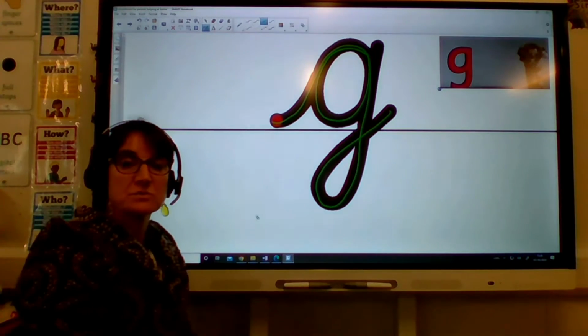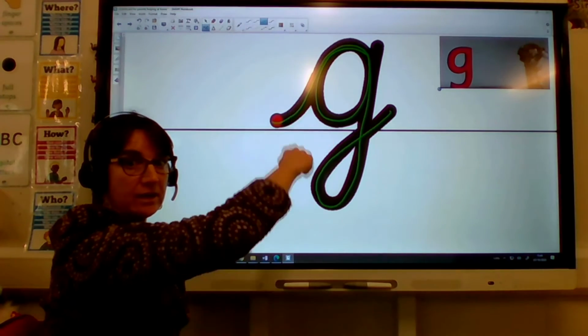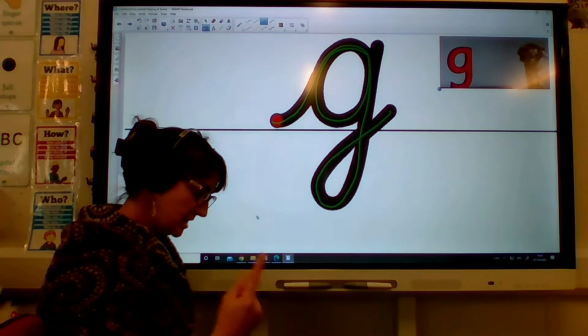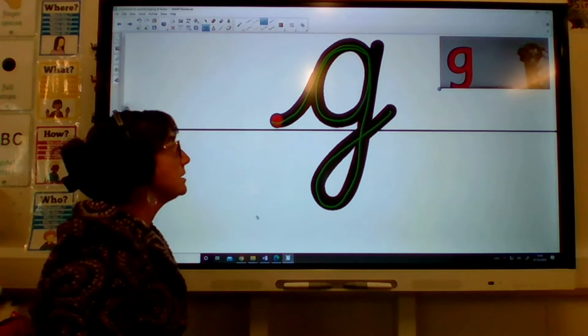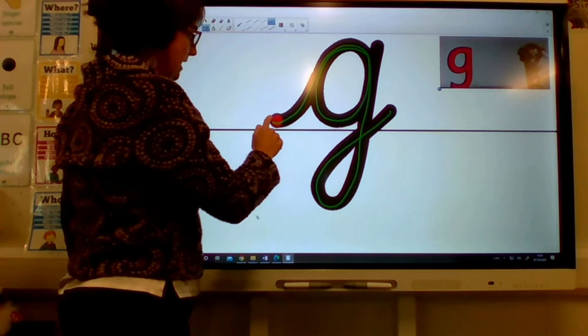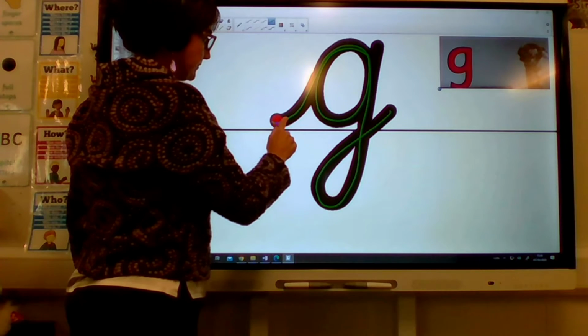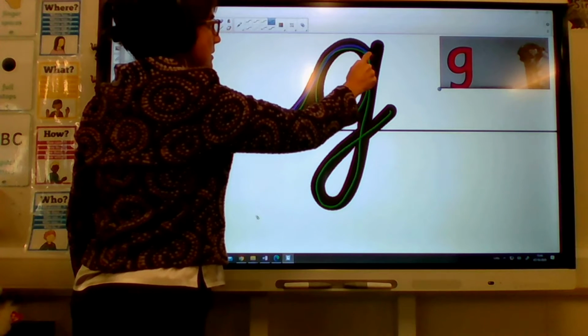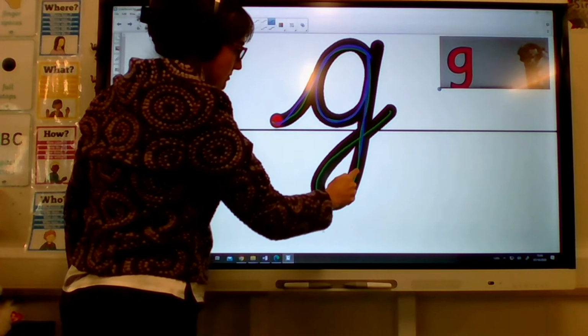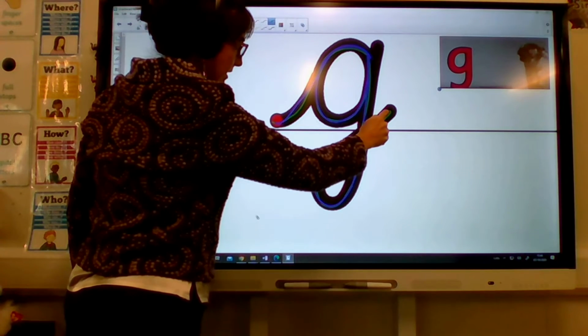And we would do lots and lots of practice with that, writing in the air, writing on whiteboards, writing with our finger on the carpet, and just going over that formation again and again. So starting on the red dot on the line, up to the top and stop, back round, up and down, do the tail and the flick.